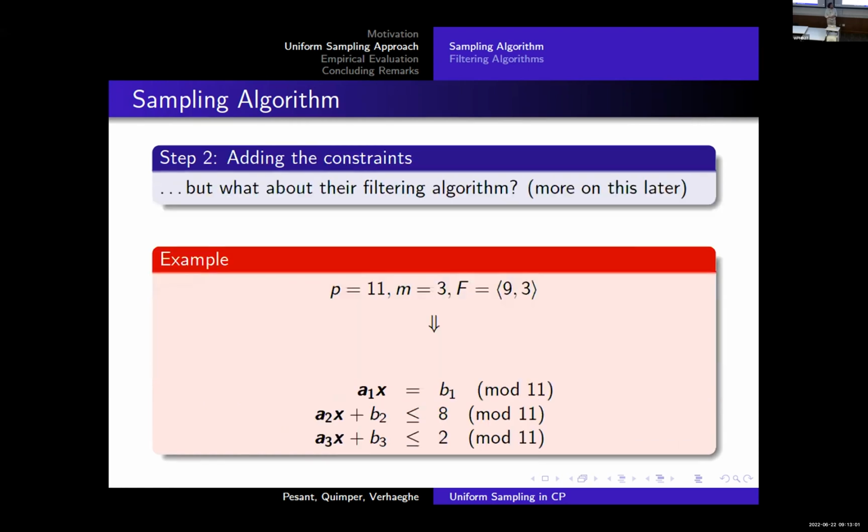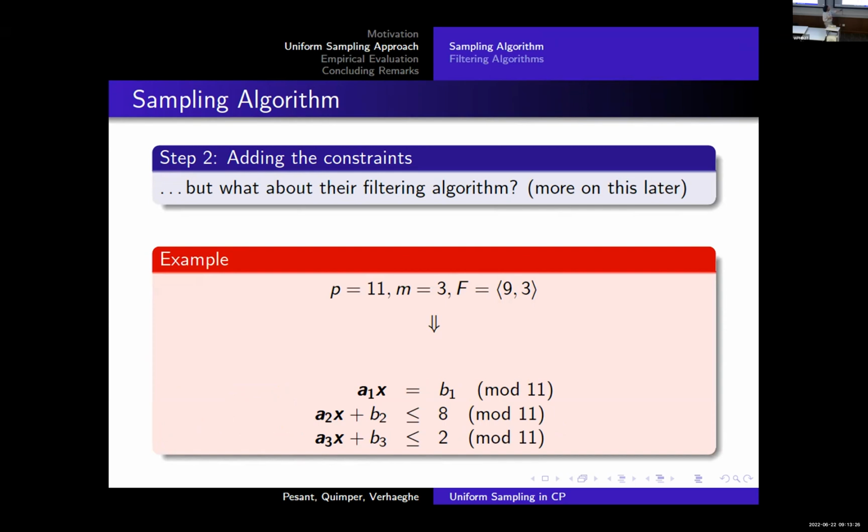And then you just generate. From the same example, you had p equal 11, m equal 3, and those 2 factors. So you'll generate 1 equality, modulo 11. You generate randomly the a1 coefficients and the b1, the right-hand side. And then 2 inequalities. Now recall that in the numerator we had c sub i plus 1, so it's minus 1.